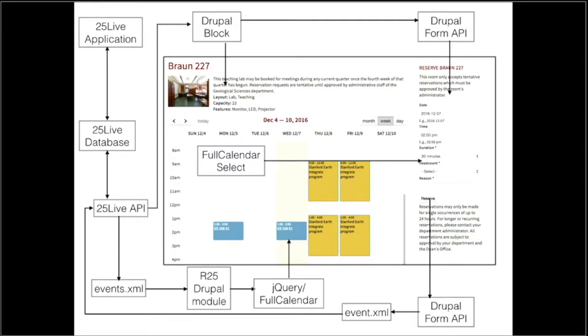Somebody then can click on the calendar, and there's some jQuery that populates the form. The room description block at the top and the form itself are configured by calls to 25 Live and then using the Drupal APIs to output those. And then clicking reserve sends the proper XML to 25 Live to book the room.